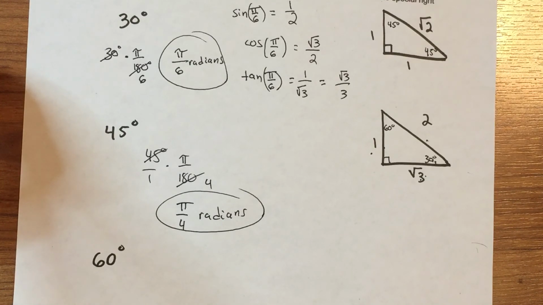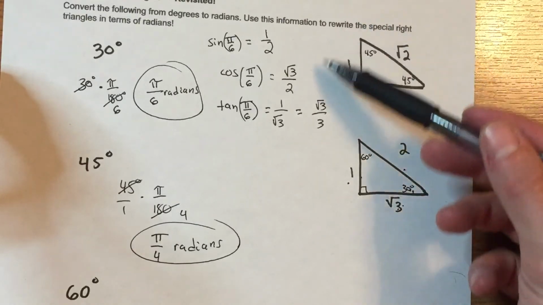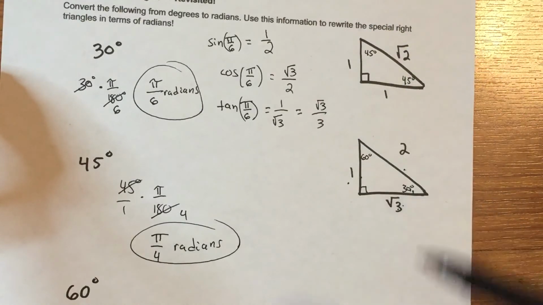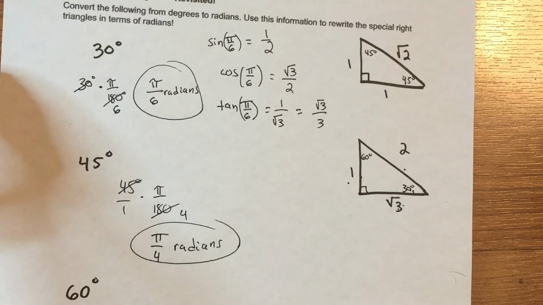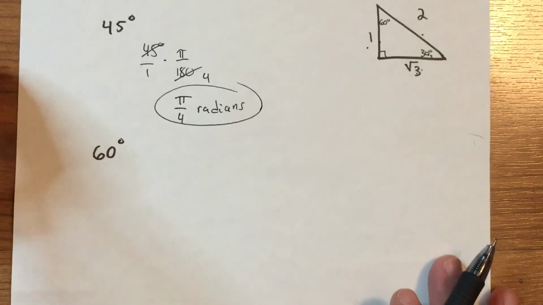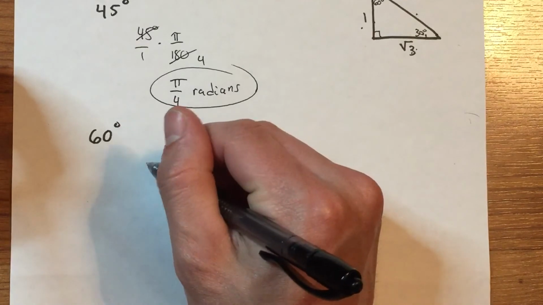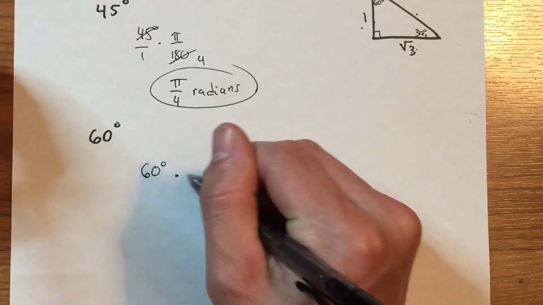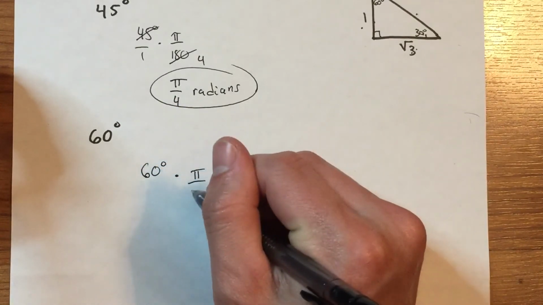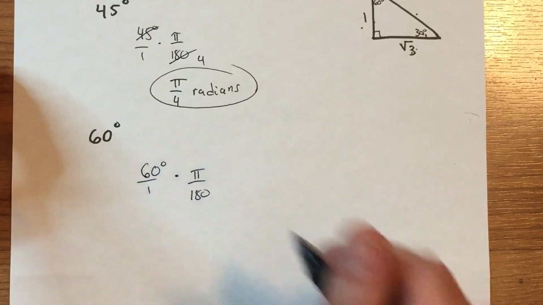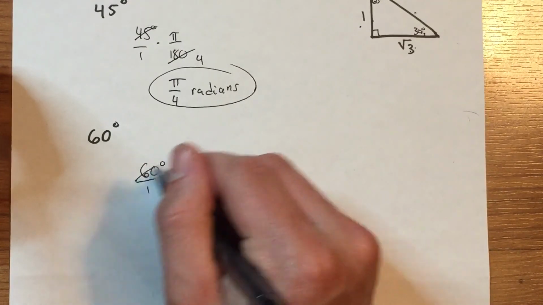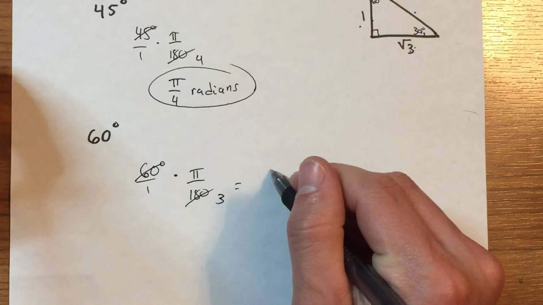The reason why is it's very easy to memorize these special right triangles and use those special right triangles to answer all sorts of questions. 60 degrees, that's our last one we've got to convert to radians. We're going to multiply by pi over 180. 60 goes into 180 3 times.